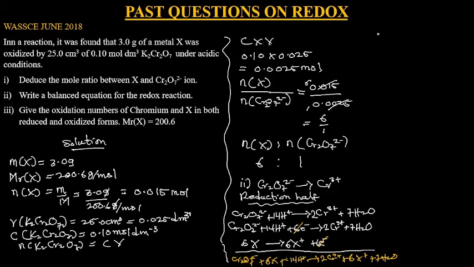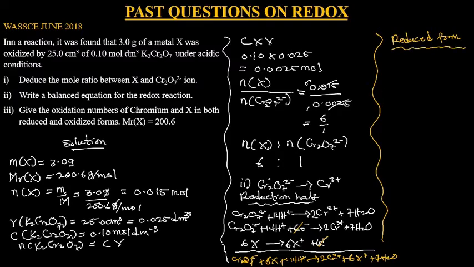All right. Then the last part of the question says give the oxidation numbers of chromium and X in both reduced and oxidized form. All right, so in the reduced form, chromium has been reduced to chromium 3+.